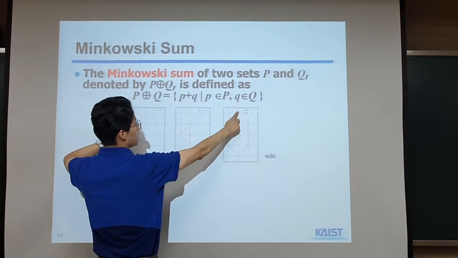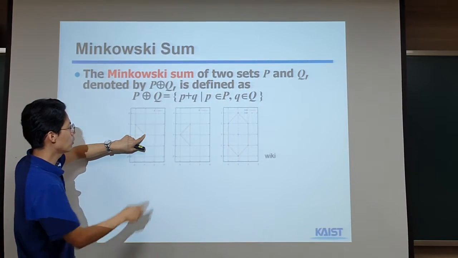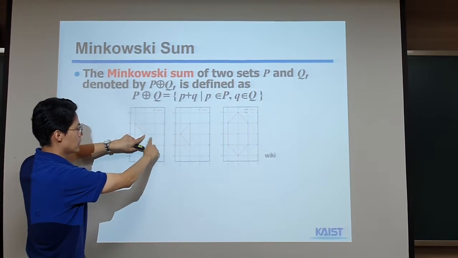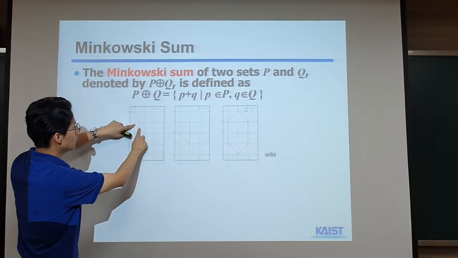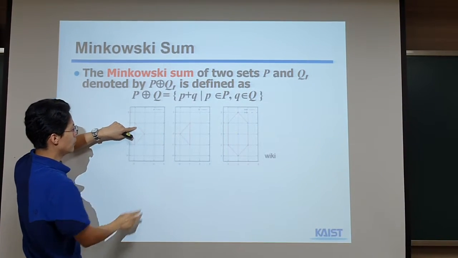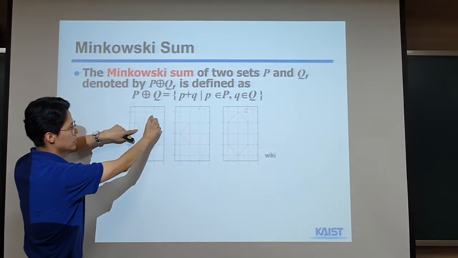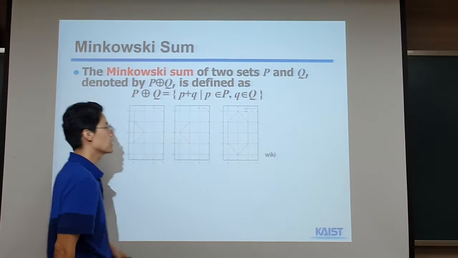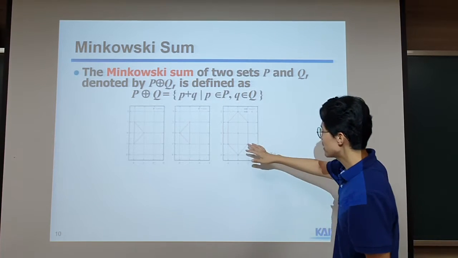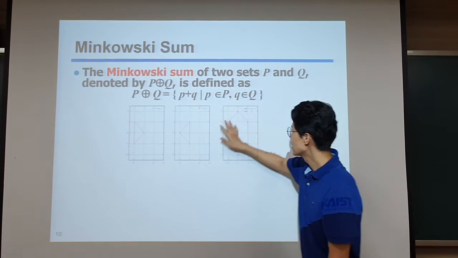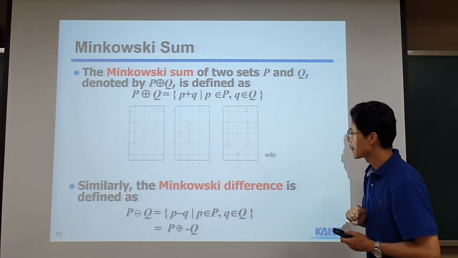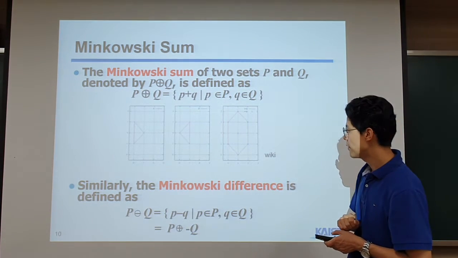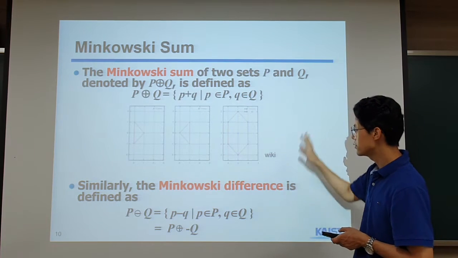And then at that point we also add this one, and we have this shape. Also, every point on this edge we also do the same thing. If we keep doing that, you can see that the Minkowski sum between these two triangles gives this kind of polygon. That's the Minkowski sum.